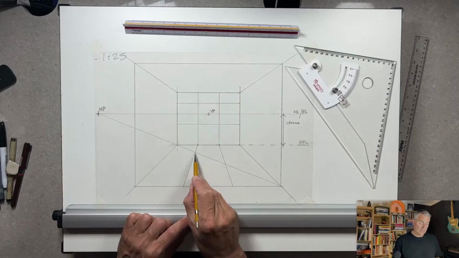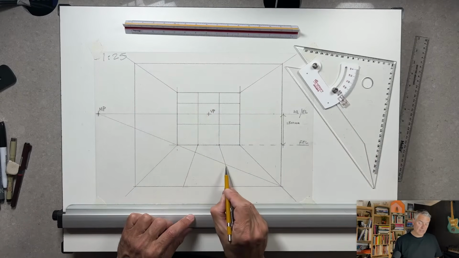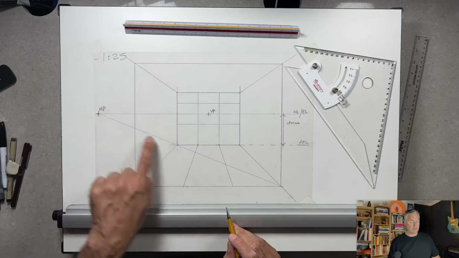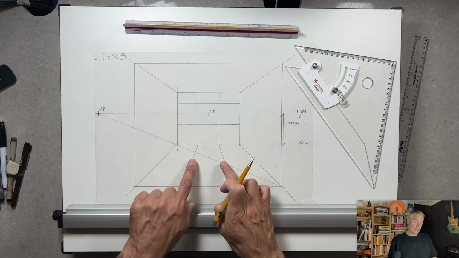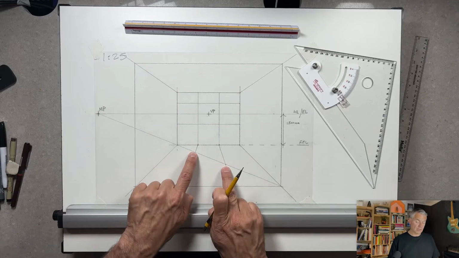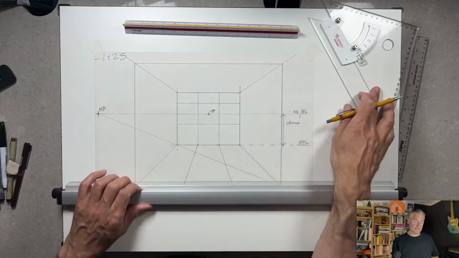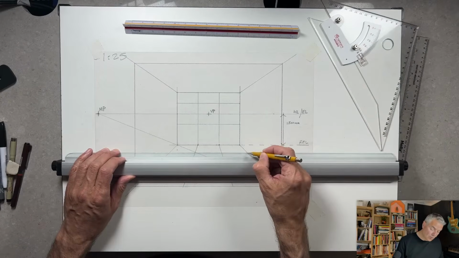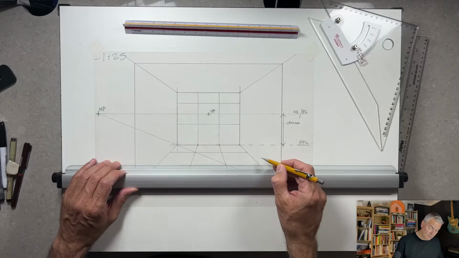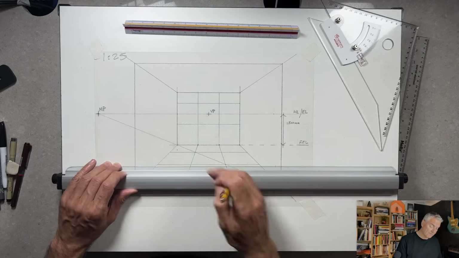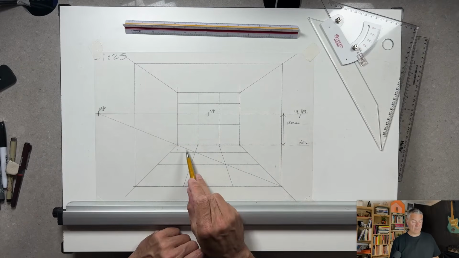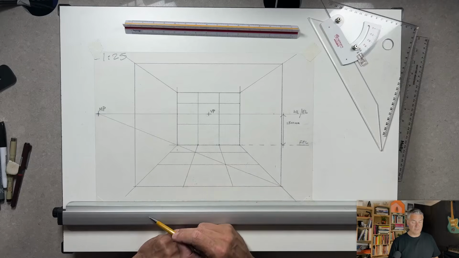Now you'll see there are 2 intersection points between our measuring point line and our 2 vanishing point lines. If we now draw through those 2 lines, we have our 1 meter, 2 meter, 3 meter grid.